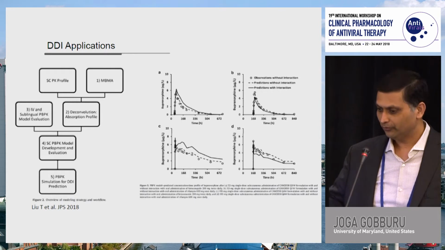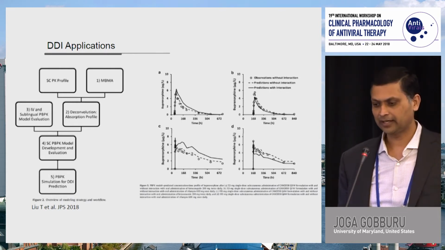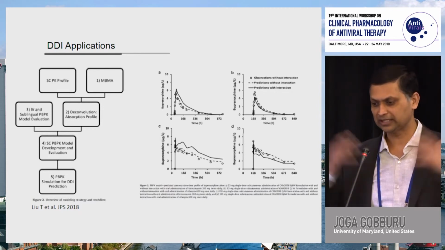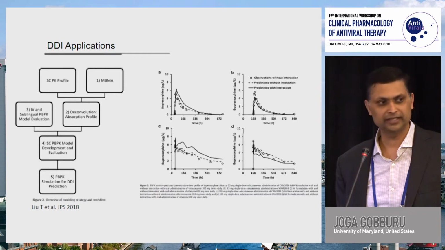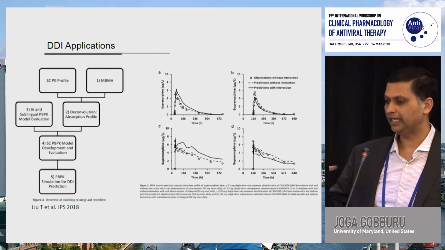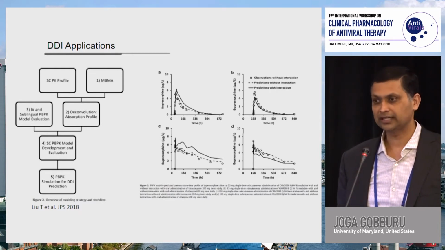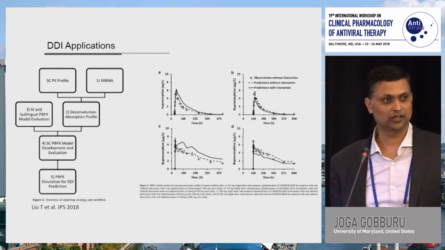So what was done here is we have combined some biopharmaceutics principles and deconvolution to understand the absorption profile after subcutaneous, and then applied PBPK to project what happens in the presence of inducers, rifampin, as well as ketoconazole inhibitor.